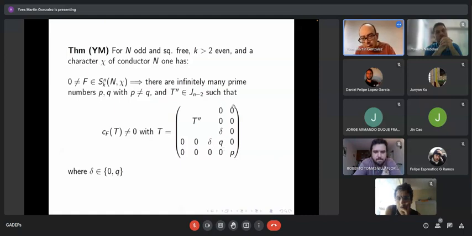You see, the last column and last row is 0 except for the right entry, which is the prime p. The column before the last is almost all 0 except that it has a delta here and the prime q. And delta has two choices: it is 0 or it is q.